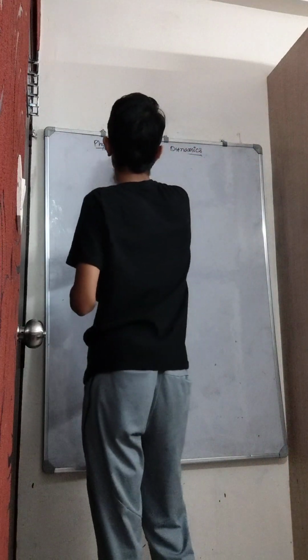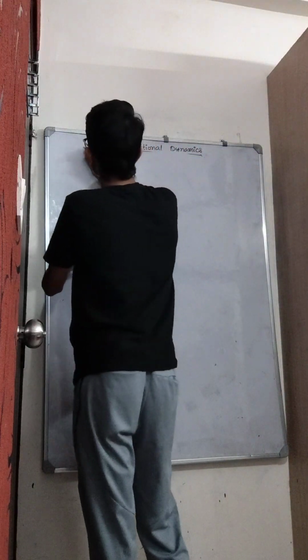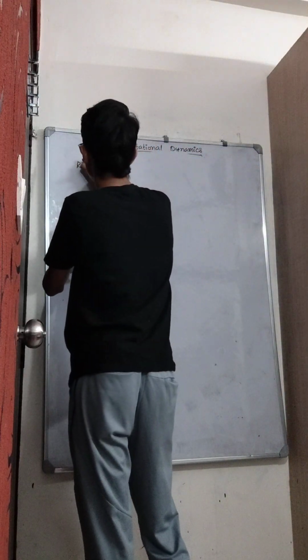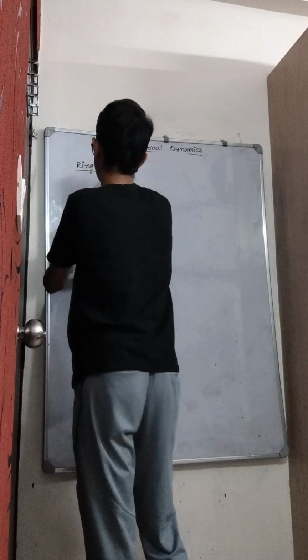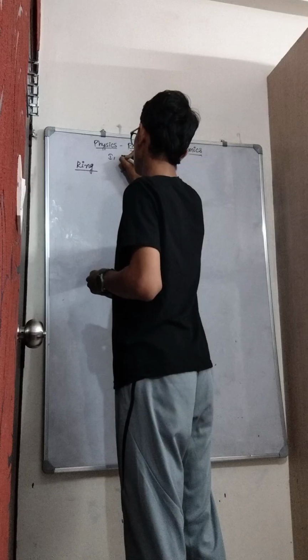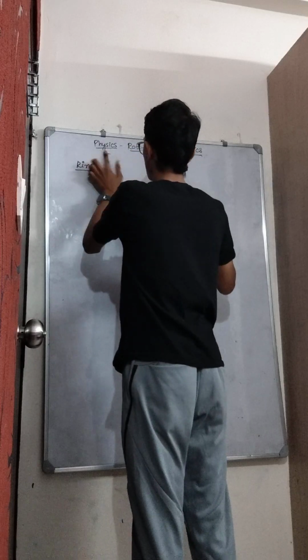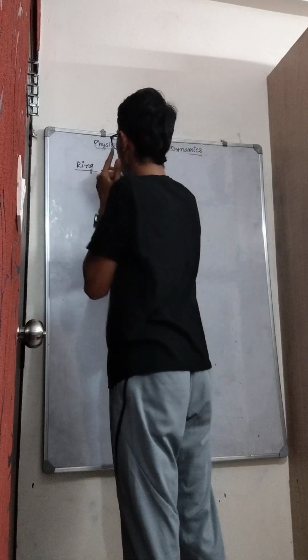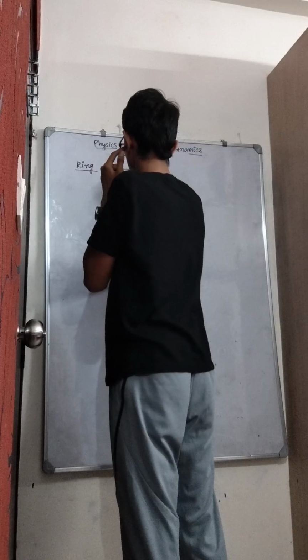Now, I'll give you very important things. For now, I'll give you first for a ring. Now for a ring there will be three diagrams.